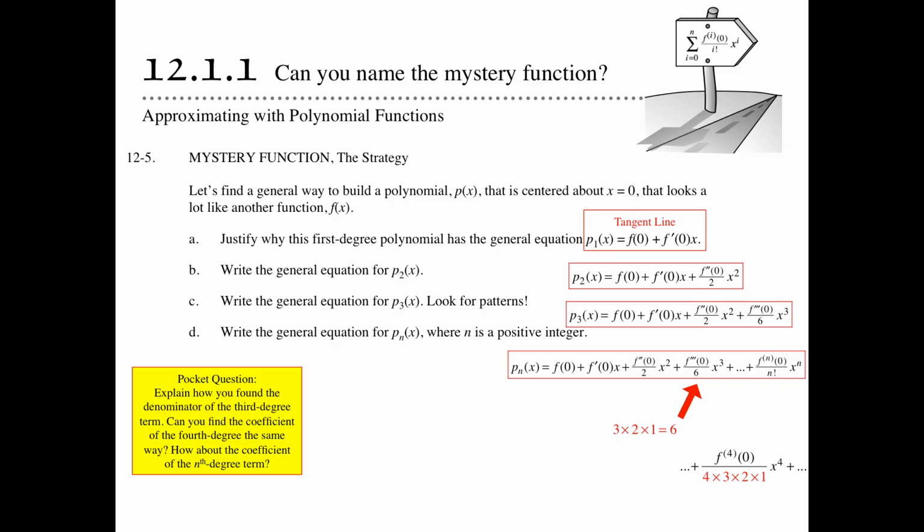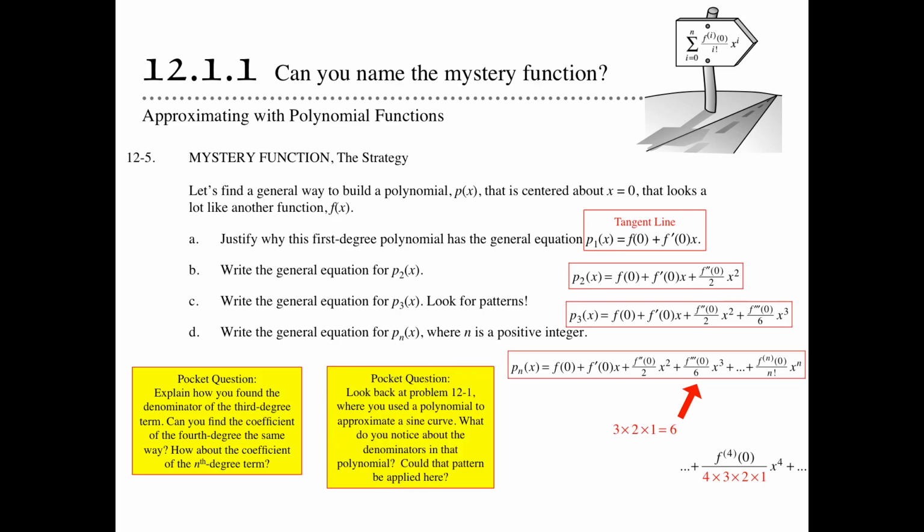And this could lead to a discussion of the factorial operation. Another good pocket question would be to have teams look back to the opening problem of this lesson, problem 12-1, where they were given a polynomial approximation of sine x. Of course, this polynomial has factorials in the denominator, so that could trigger the idea to investigate whether the general form of these polynomials would have factorials as well.